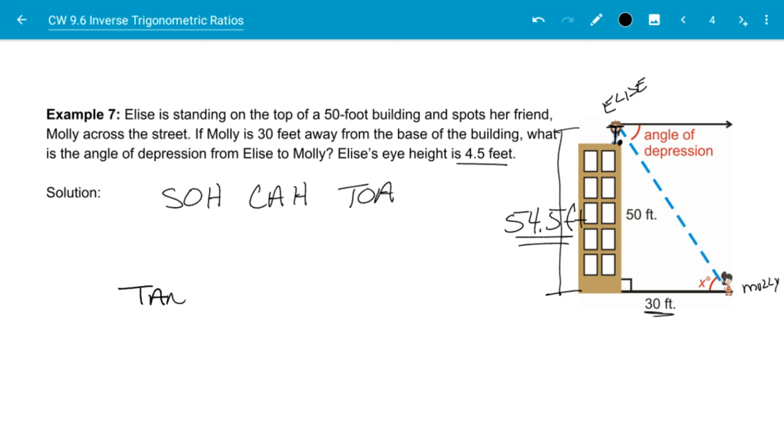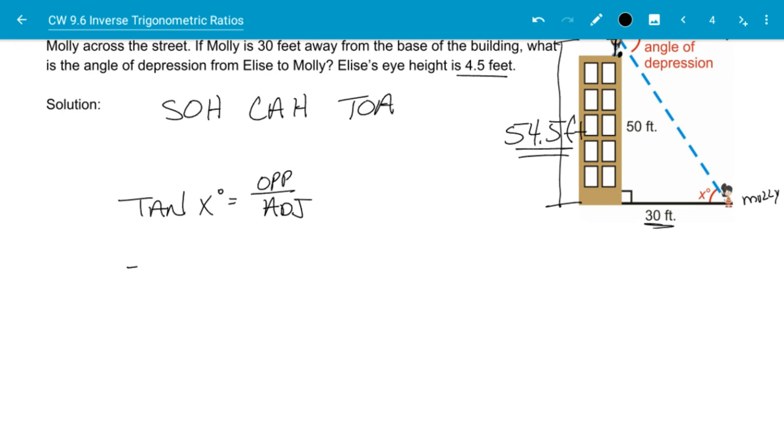So I'm going to say tangent x degrees is equal to opposite over adjacent. So then tangent x degrees is equal to my opposite side is 54.5 over my adjacent is 30.